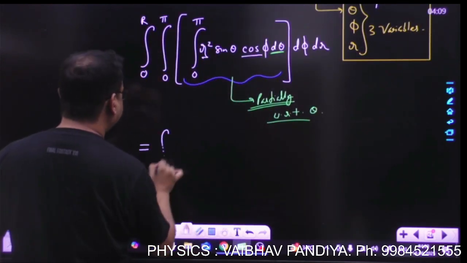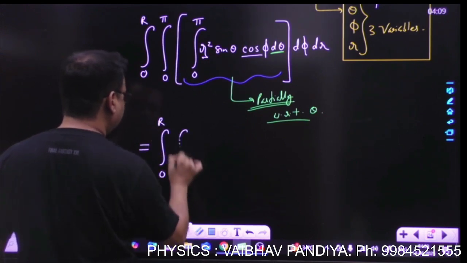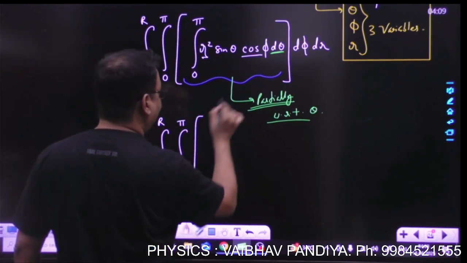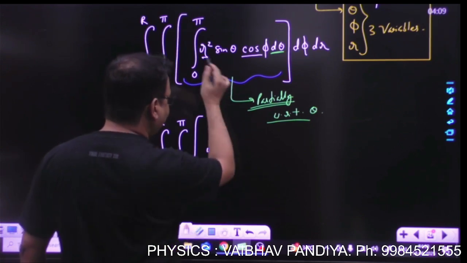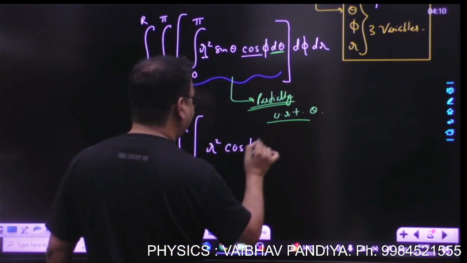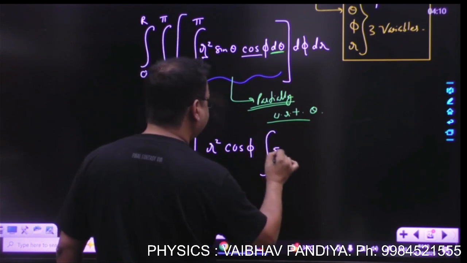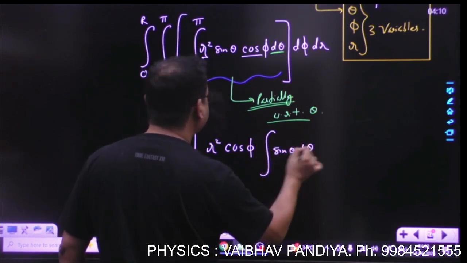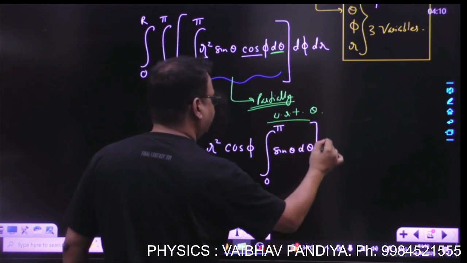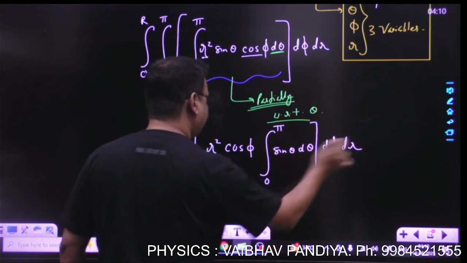So I will have this integral 0 to R, 0 to pi, bracket. Now small r square will come outside being a constant, cos phi will come outside being a constant. What is left is sin theta d theta from 0 to pi, and we'll get d phi dr, correct?